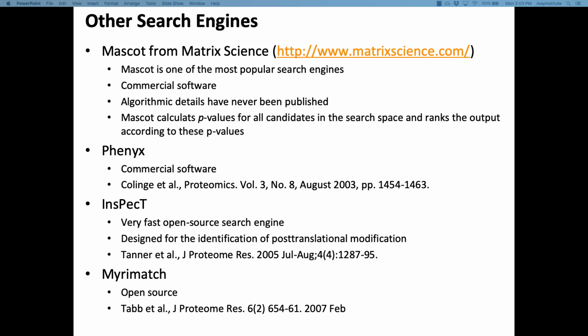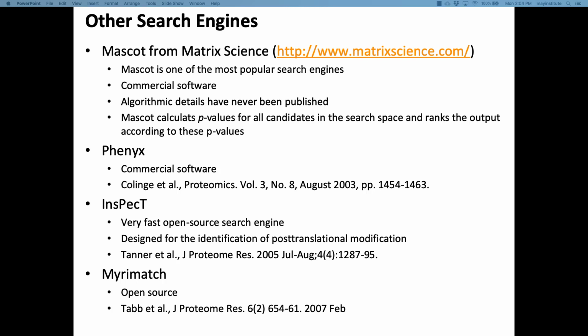So I have the impression that all these algorithms rely on the unit masses. So when you look at the data, it's like 2008, 2007. So I'm wondering what's out there now in terms of the accurate masses, high resolution data. All these search engines also work on high resolution data, but to varying degrees, and that is one of the reasons why Comet is also working well.